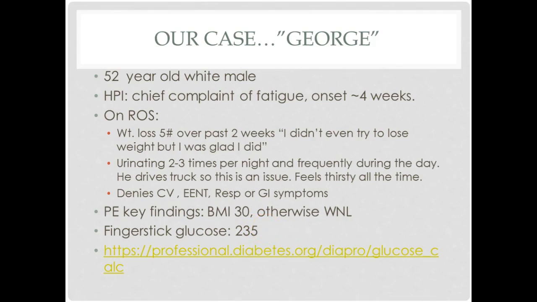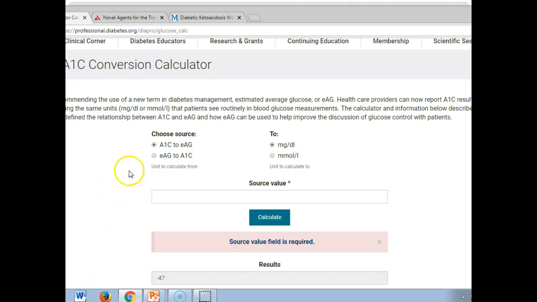So the algorithm says we've got to correlate with A1C, but we don't have an A1C machine in our office. Some do, by the way. And we can't get that instantly. So we might want to calculate what the correlation is. And so we go to this conversion calculator, and some of this is chopped up, but again, the term EAG means estimated average glucose.